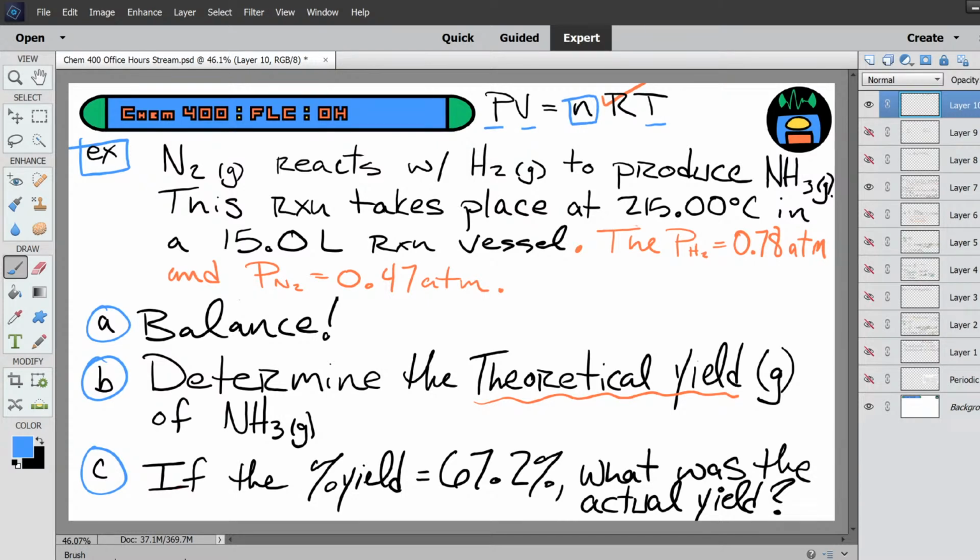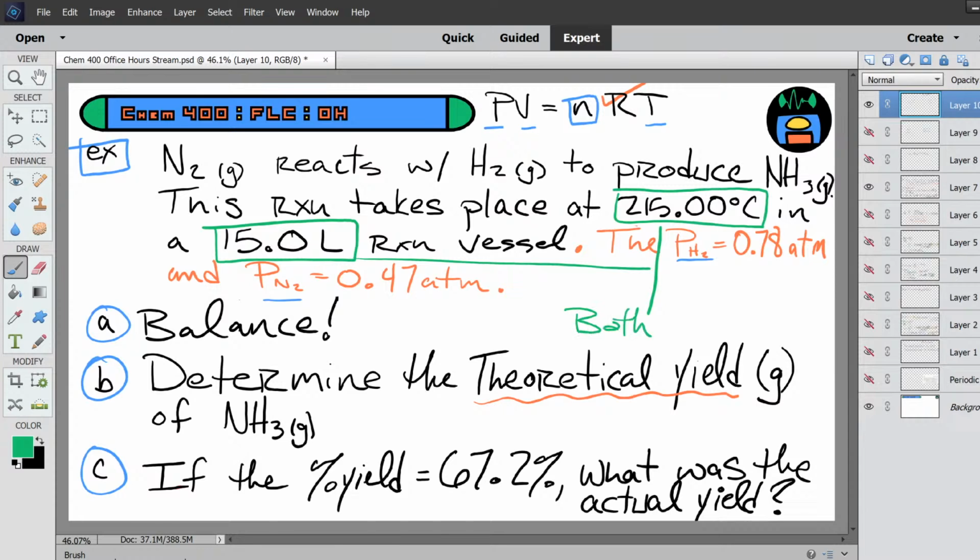And one thing you'll notice is we're given the pressure of hydrogen and the pressure of nitrogen inside this vessel, and our temperatures, well, we're told that the whole thing is at one temperature, and the whole reaction vessel has one volume. And these apply to both nitrogen and hydrogen. It applies to every gas in the vessel.